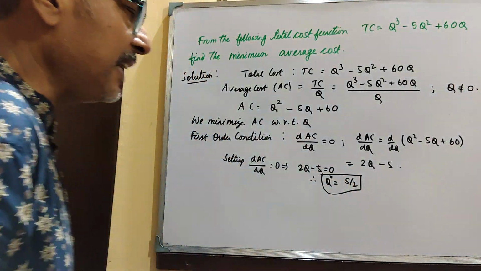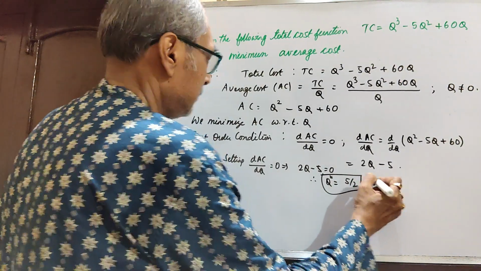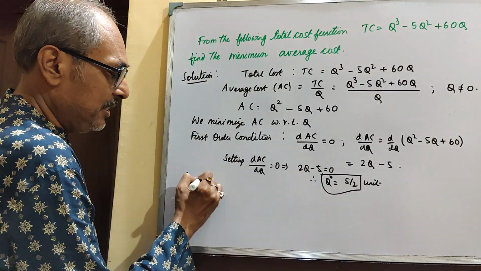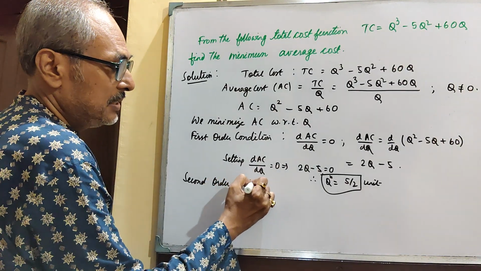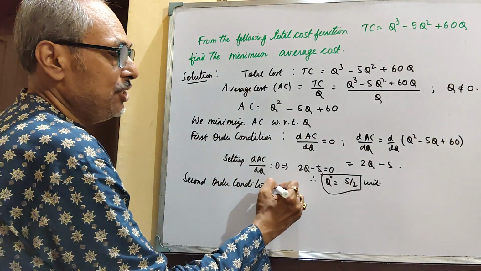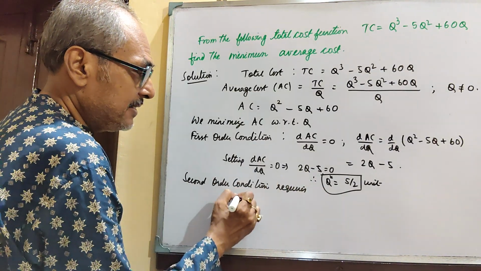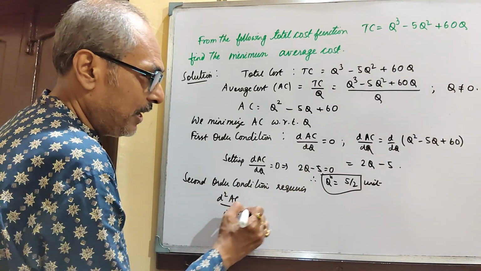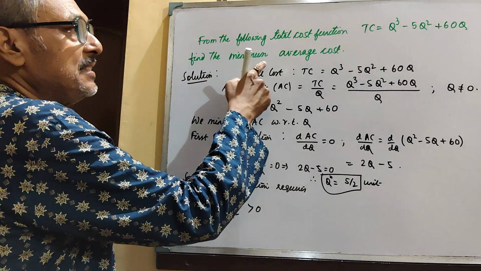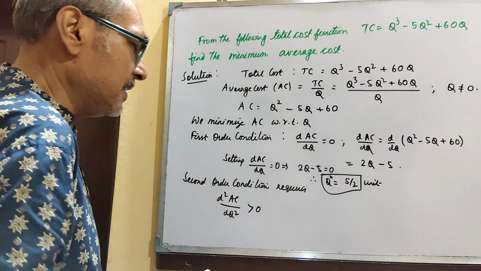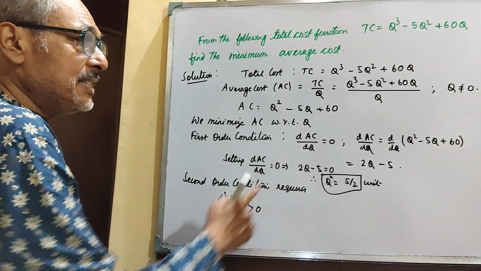Now we check the second order condition. Second order condition requires d2AC by dQ squared to be positive for minimization of average cost. Now d2AC by dQ squared means what?